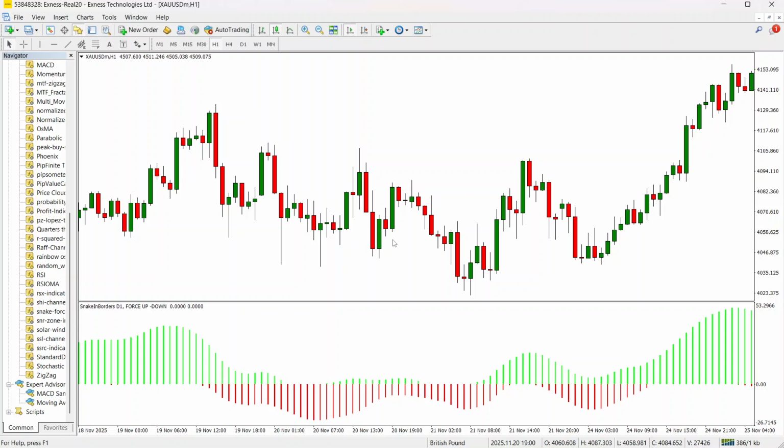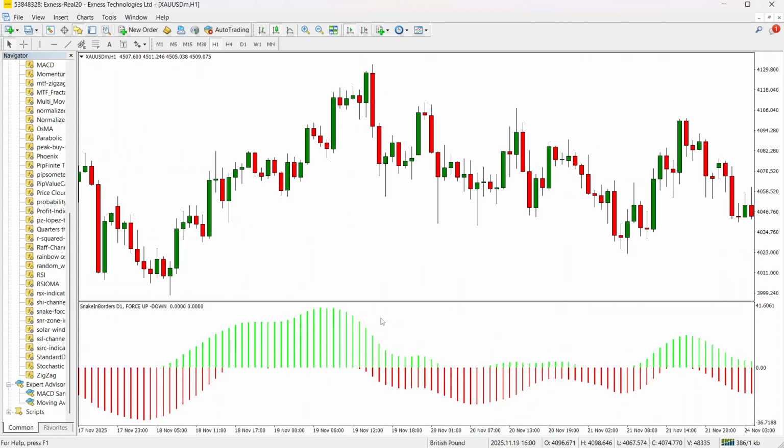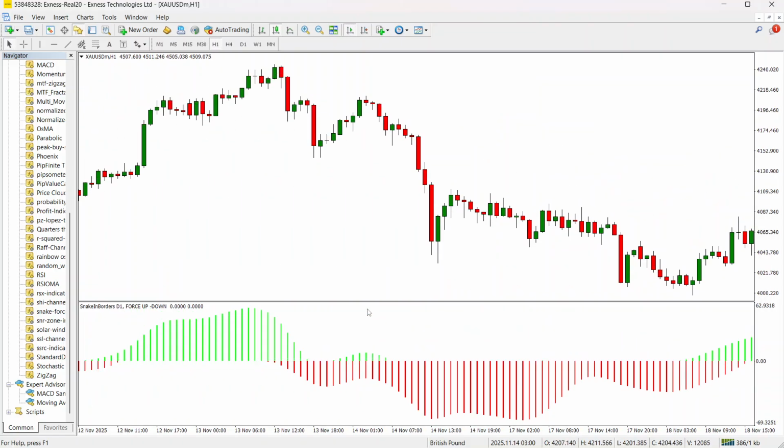real-time visualization of momentum. In many versions, color changes signify shifts in market conditions, with a green line representing bullish momentum and a red line indicating bearish momentum, making it easy for traders to spot changes without extensive interpretation.